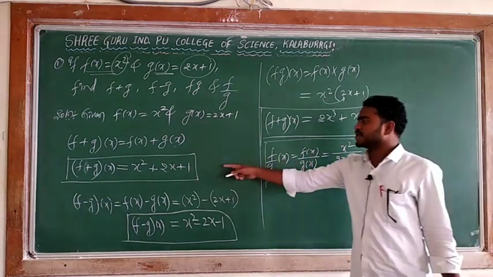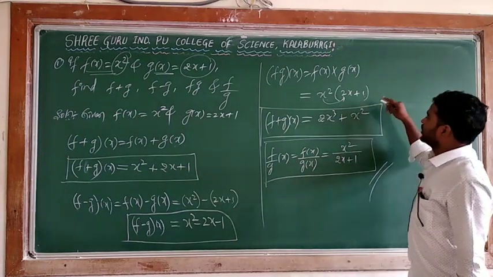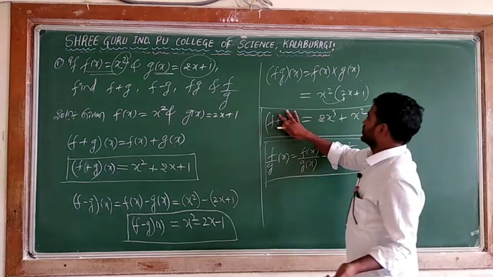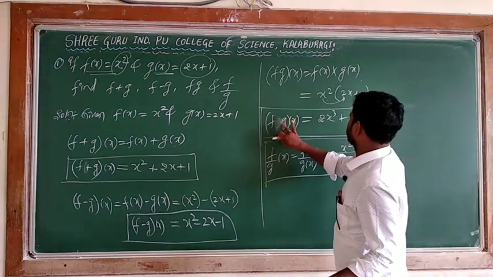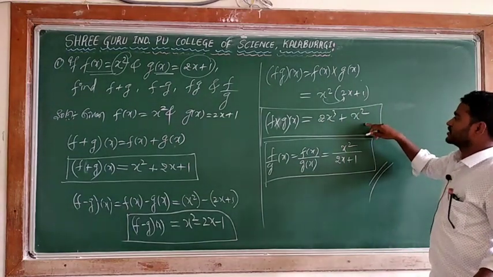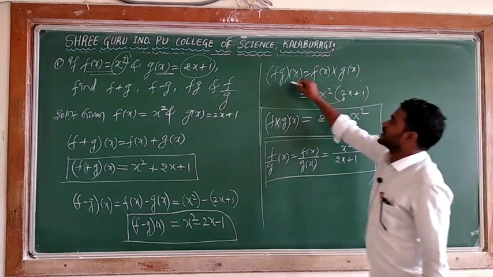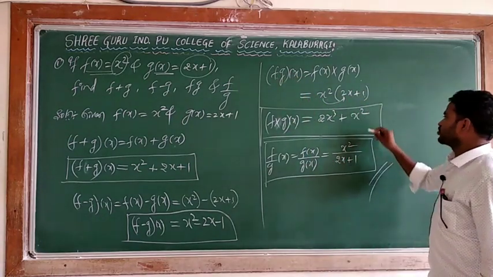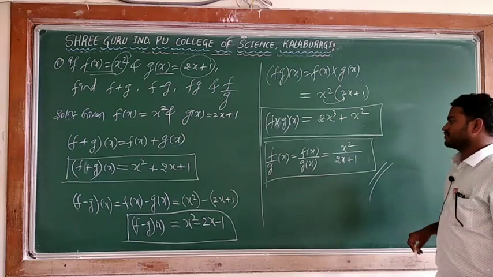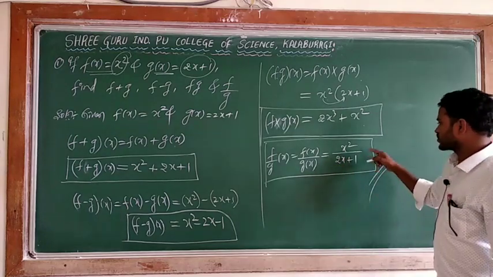First one, addition of the two functions, subtraction of the two functions, multiplication, that is the product of the two functions. Sorry, here this is a multiplication; by mistake I wrote it wrongly. f into g is the same as f into g of x. So 2x cube plus x square, and f by g of x is f of x divided by g of x, x square divided by 2x plus 1.